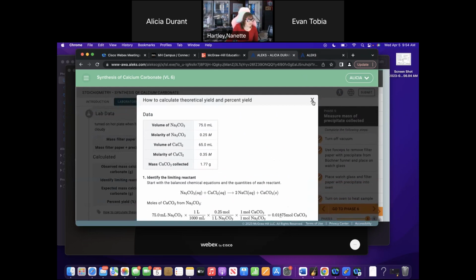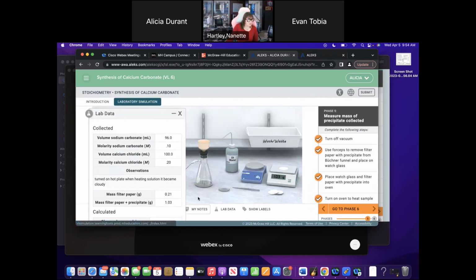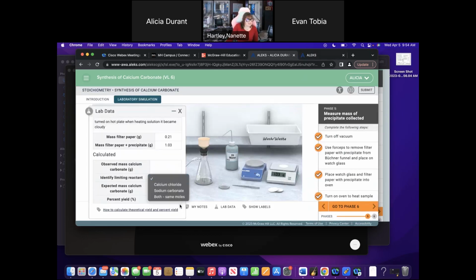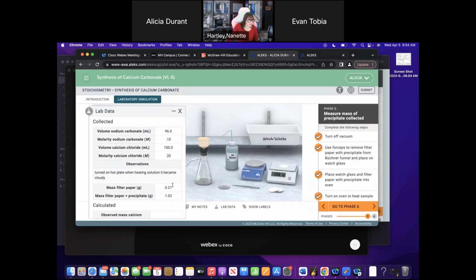Okay, so they have their limiting reagent as CaCl2, and based on the numbers you have, that's not true. Mine would be calcium chloride. No, yours is sodium carbonate, that first one.